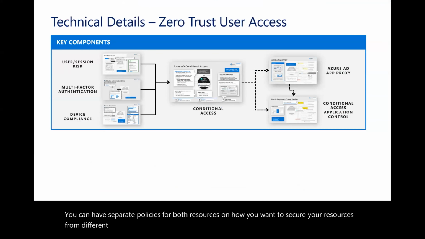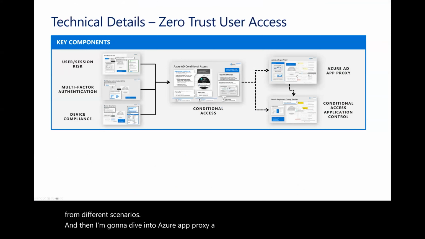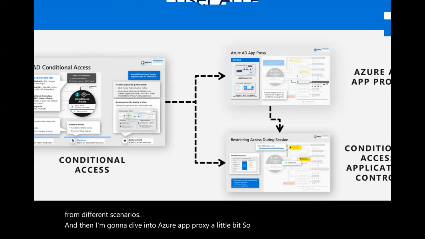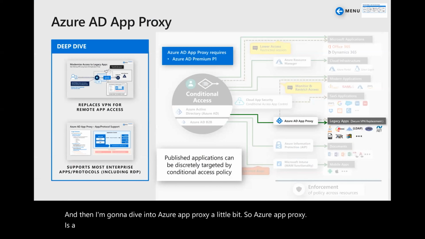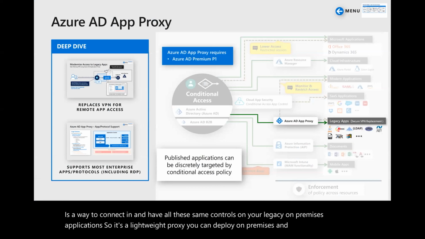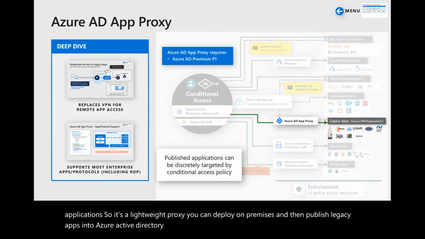And then I'm going to dive into Azure App Proxy a little bit. So Azure App Proxy is a way to connect in and have all these same controls on your legacy on-premises applications. So it's a lightweight proxy you can deploy on-premises and then publish legacy apps into Azure Active Directory and treat them like everything else, all of your other SaaS apps, and still the same restrictions.